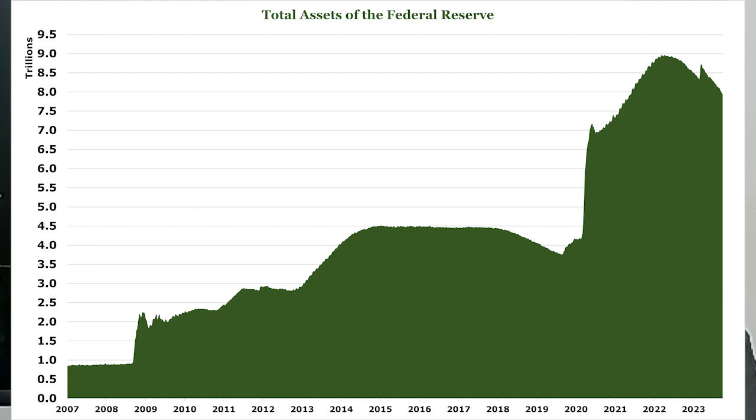It has now retraced as quantitative tightening kicked off at that point in time, and they've reduced it to around $8.5 trillion. Still up massively from where we were in 2008, as the Federal Reserve helped bail out the bank balance sheets through some very generous lending programs and asset purchases.